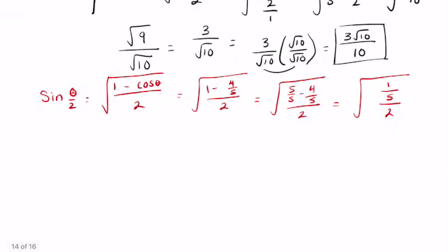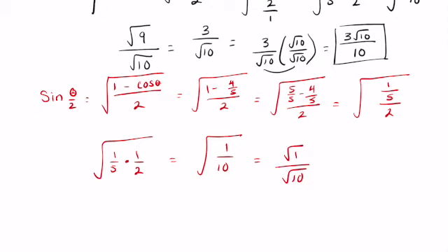We're going to keep that, switch it, and flip it again so that I have 1/5 times 1 over 2, which gives me the square root of 1 over 10, which winds up being the square root of 1 over the square root of 10, which is 1 over root 10.